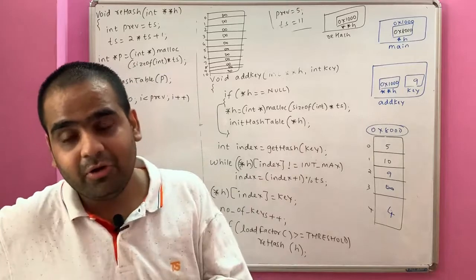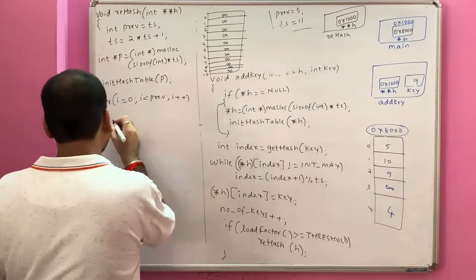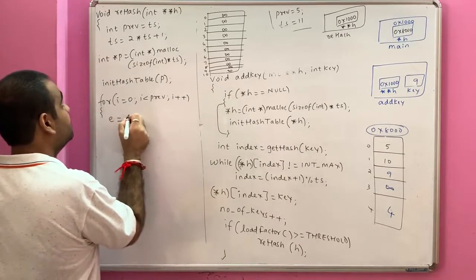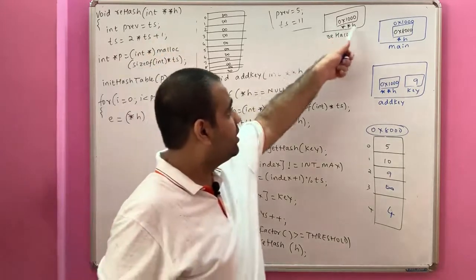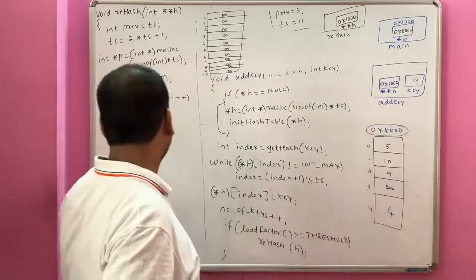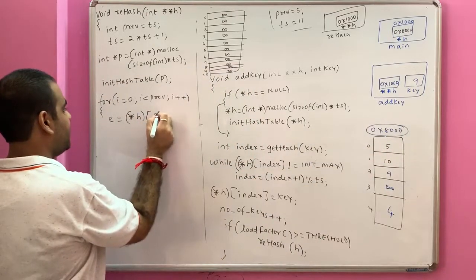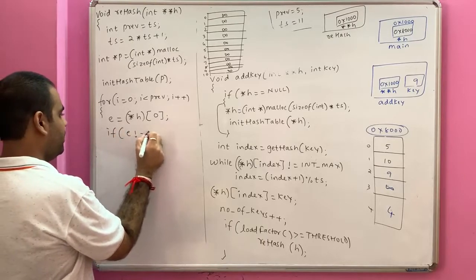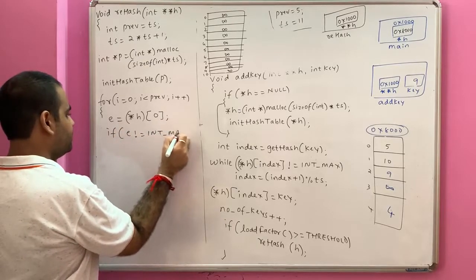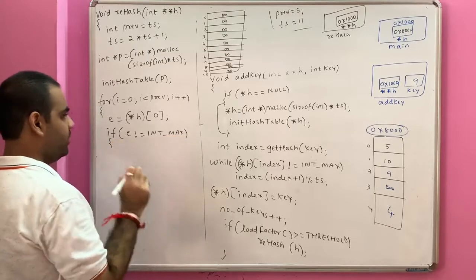If it is equal to infinity, it is empty. Therefore we say E is equal to star H. Now what is star H? Go to address 1000, get the value 8000, 8000 of 0, star H of 0. And you say if E is not equal to int max. Now star H of 0 is 5, 5 is not equal to int max.